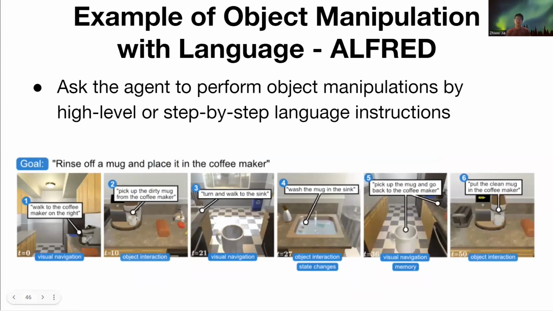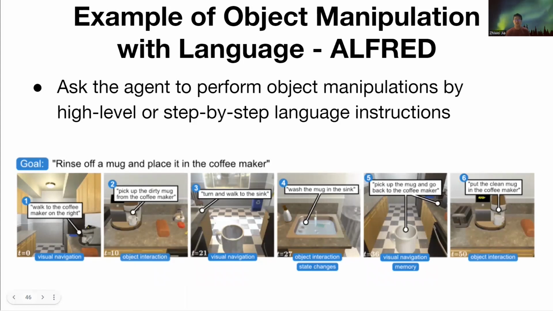Another example of object manipulation is object manipulation with language. Here we take the ALFRED challenge as an instance. The agent is asked to interpret step-by-step human language instructions and to perform object manipulation and navigation accordingly.